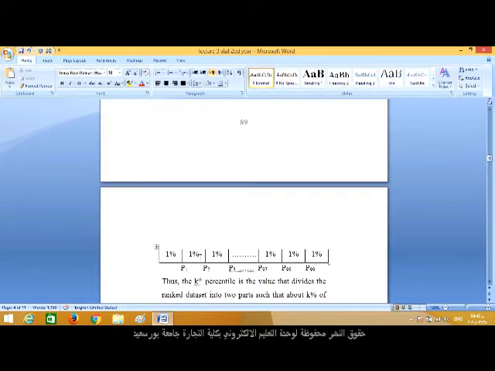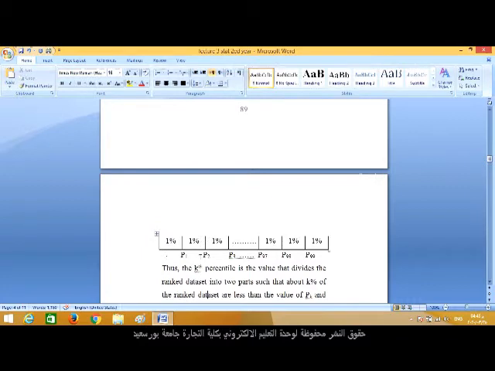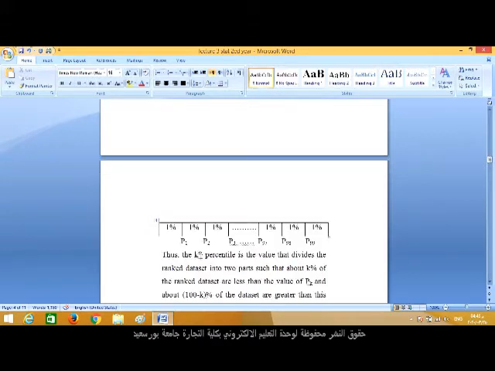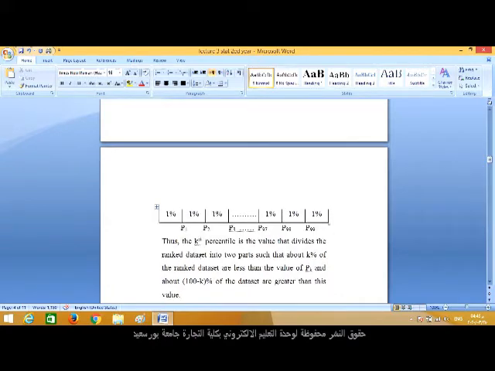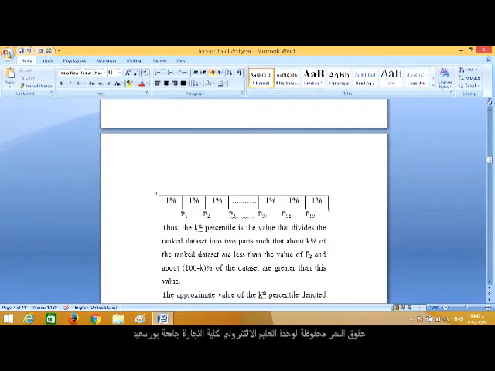So, thus, the kth percentile is a value that divides the ranked data set into two parts such that about k% of the ranked data set are less than the value of Pk, and about 100 minus k% of the data set are greater than this value, okay?